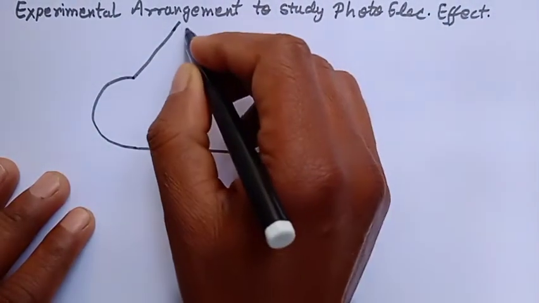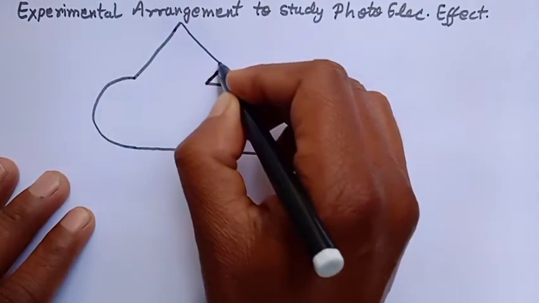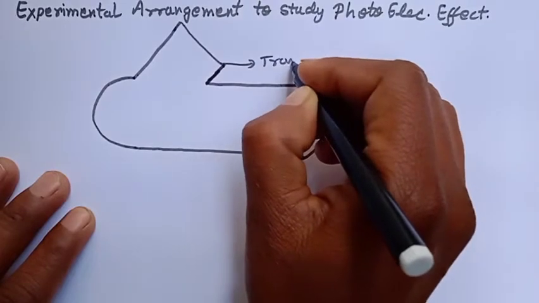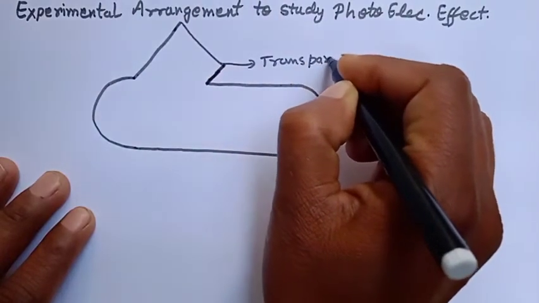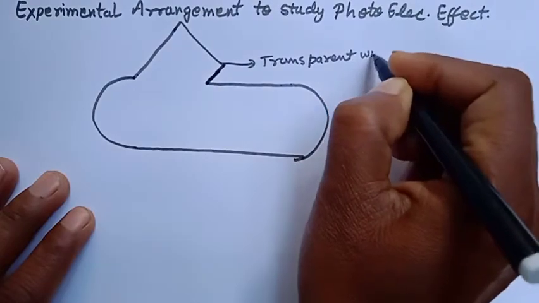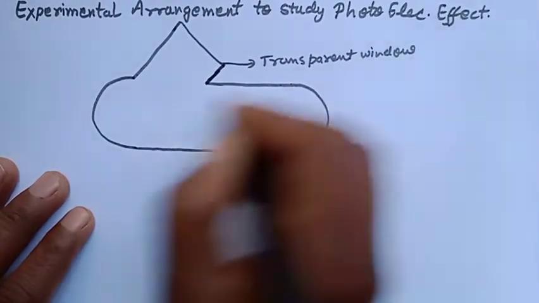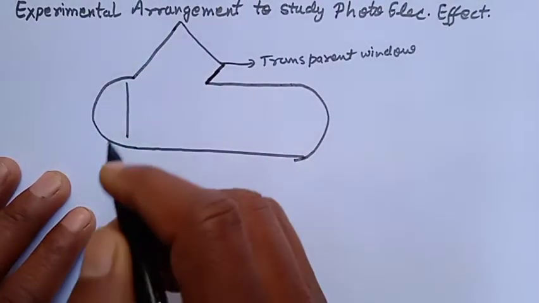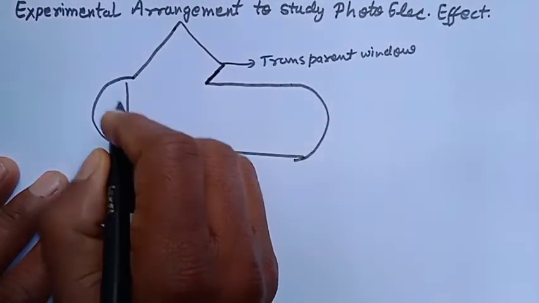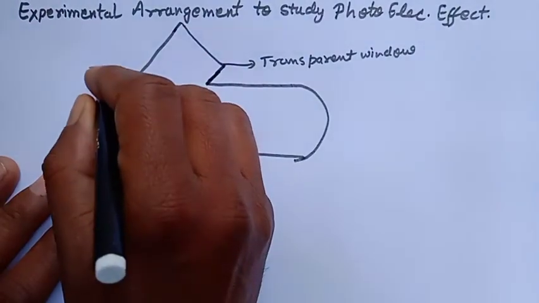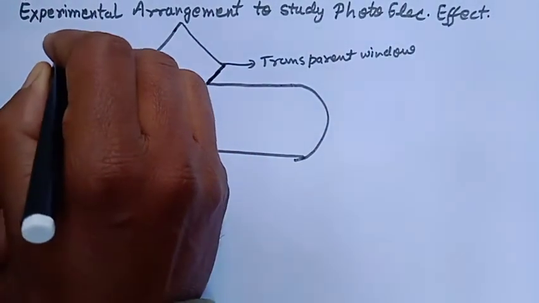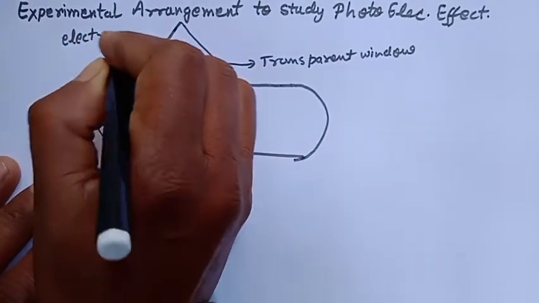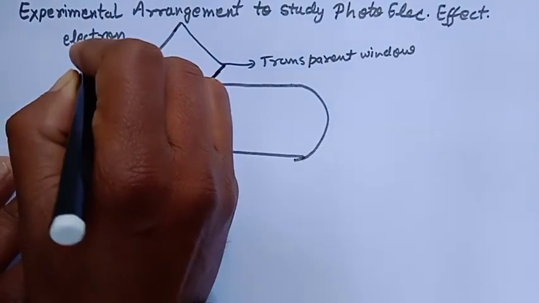Okay, so here we have a transparent window, and here we have a plate, generally called the cathode, but it is better to call it the electron emitter plate.